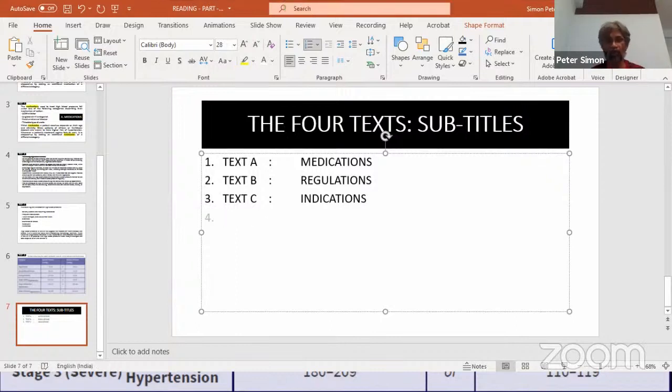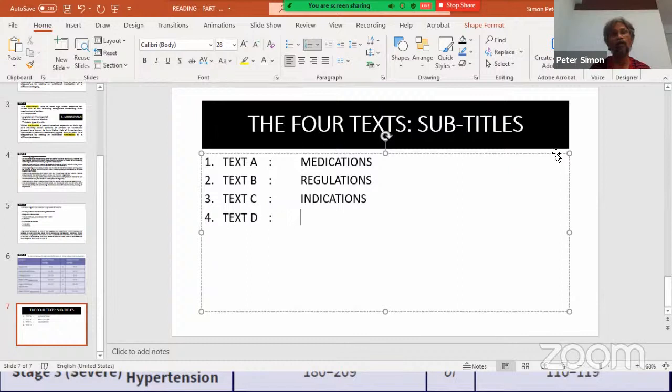See how I am showing you there. Text D. Categorization. So they are divided into categories, categorizations.